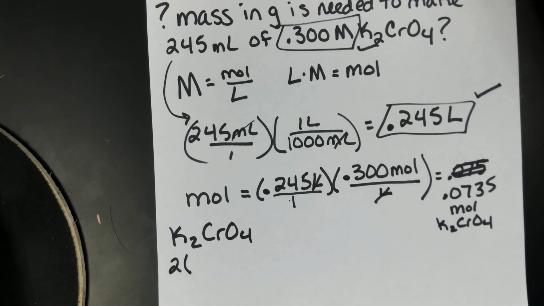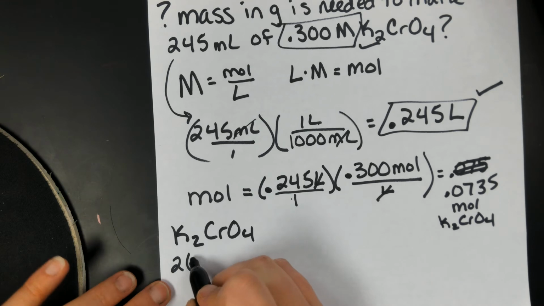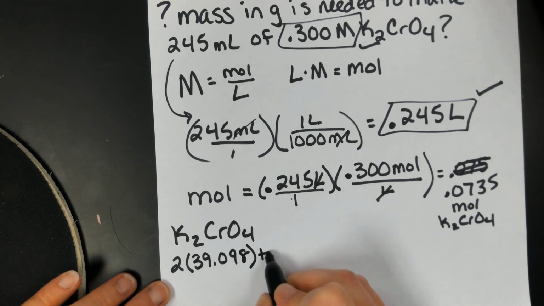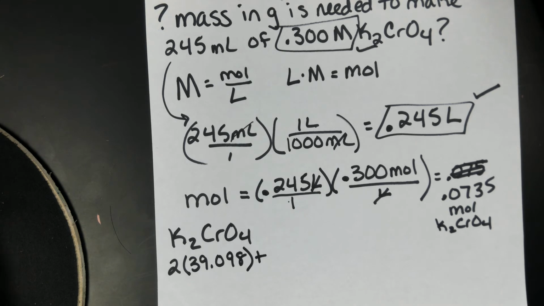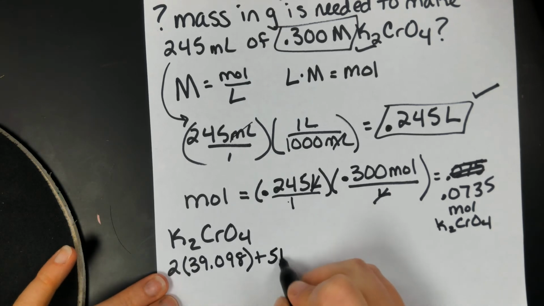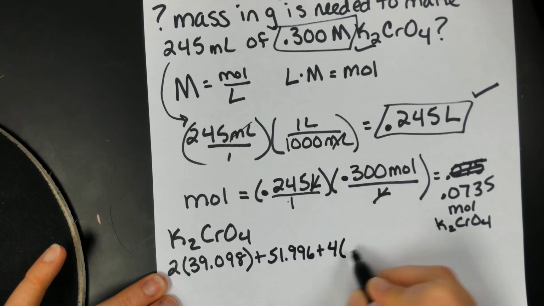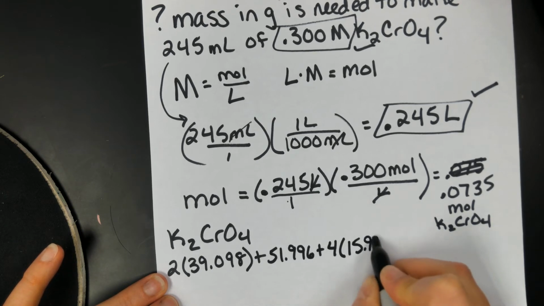So I have my periodic table right here. Potassium has a weight of 39.098. One chromium has a weight of 51.996. And 4 times oxygen, which is 15.999.